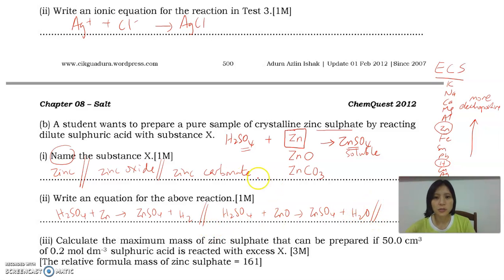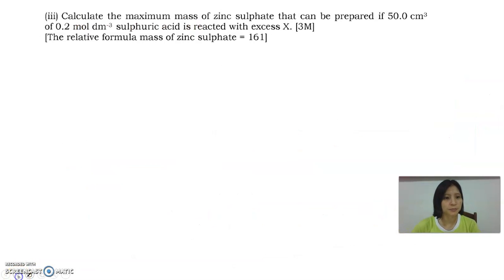If you have used the third one, zinc carbonate, then you have to write acid plus zinc carbonate to give, changing partner, zinc sulfate, and from carbonate you get carbon dioxide, and from the H and O you have water. Okay, alright, next question.